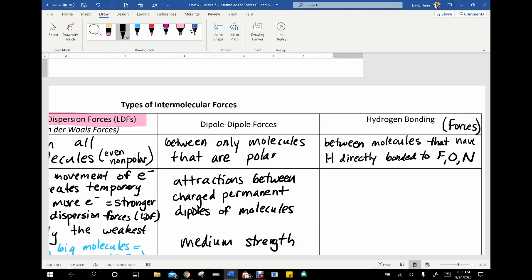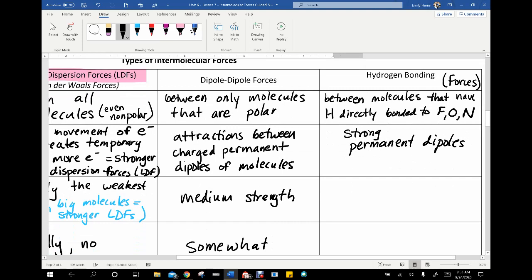All right. And so this type of force is similar to dipole-dipole forces in that it results from strong permanent dipoles. And so as a result, this is going to be, in general, the strongest force that we encounter.